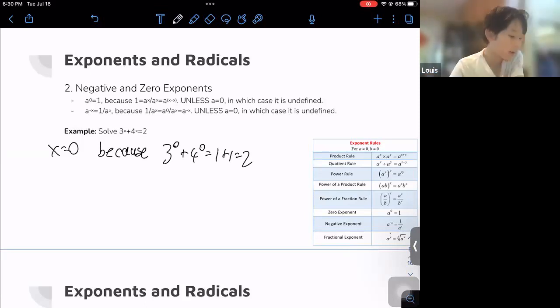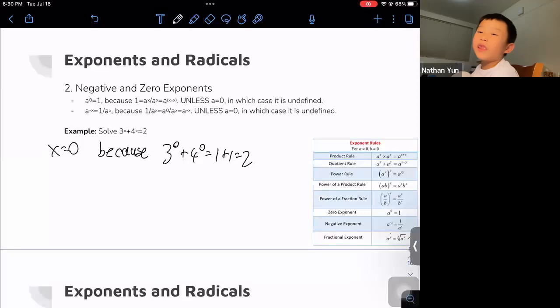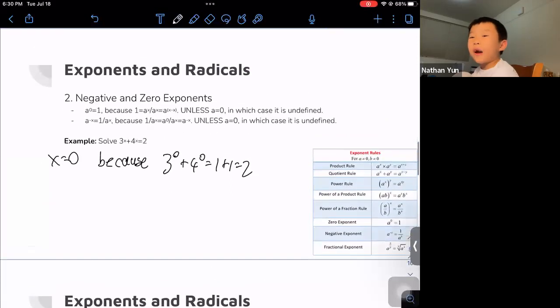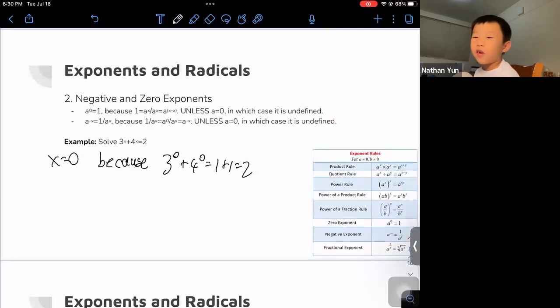But it's not that rigorous, because how did you know that it was 0? Did you use trial and error or did you use something else? Mainly knowing that anything to the power of 0 except for 0 is 1.